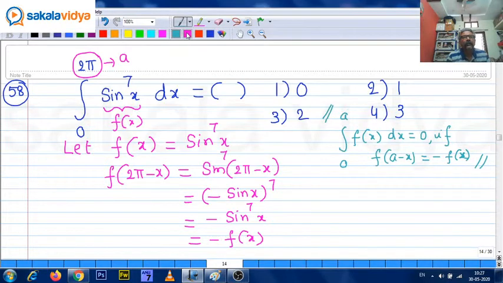So therefore this integral I becomes 0. So first option is the right option.